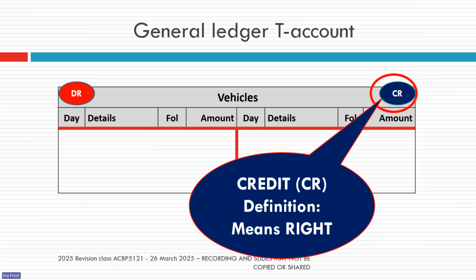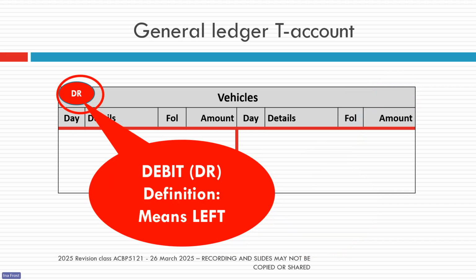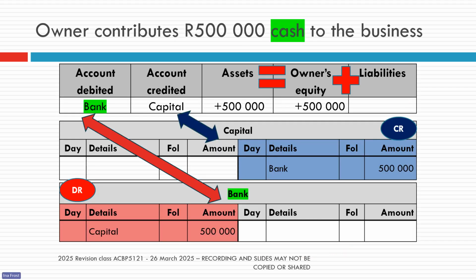So if I say a transaction needs a debit and a credit, what I mean is in the general ledger, you need to have two general ledger accounts. And for the one account, you're going to put the entry on the debit side. And for the other account, you're going to put it on the credit side. So if we go back here again, you will see then in the bank T account, I put the 500,000 rands on the debit side, and in the capital T account, I put it on the credit side.